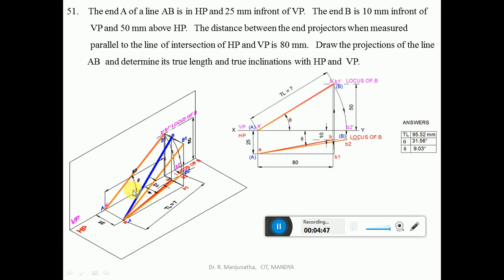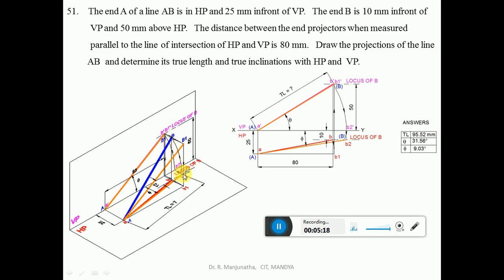The true length in HP means the line has to be parallel to HP. So now, with capital A as center, you take the radius of capital AB and rotate that B such that B will also rest on HP. At present, B is above HP by 50 mm, so that B also has to rest on HP, such that B is in front of VP by 10 mm. So with A as center, by taking the radius of AB, you rotate such that B moves in the horizontal plane.